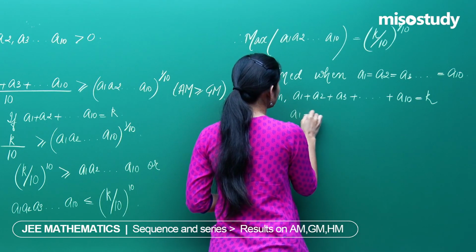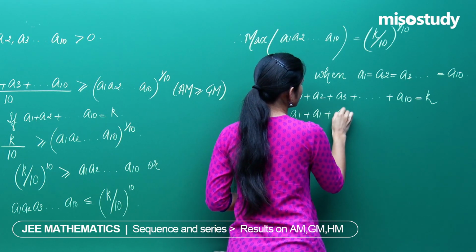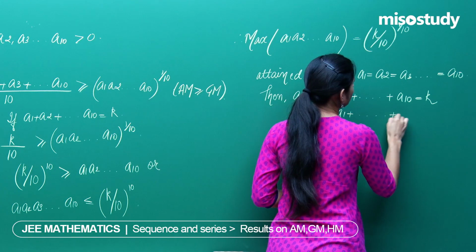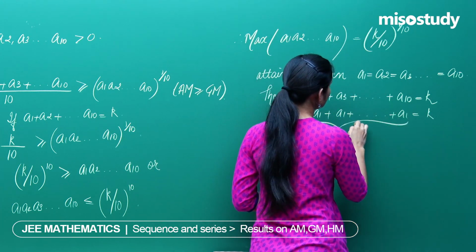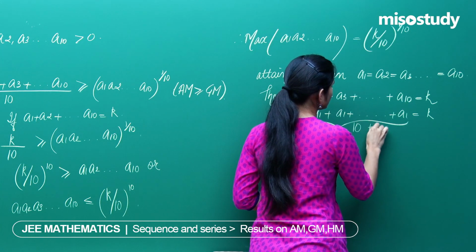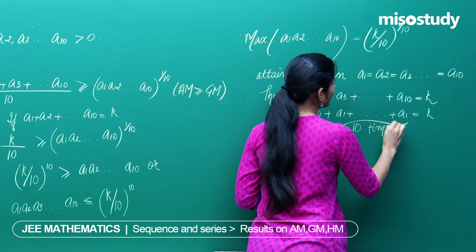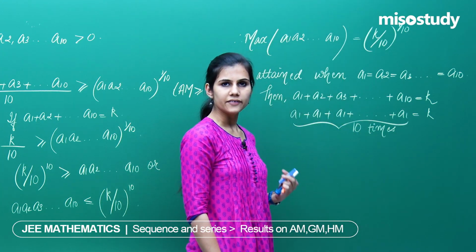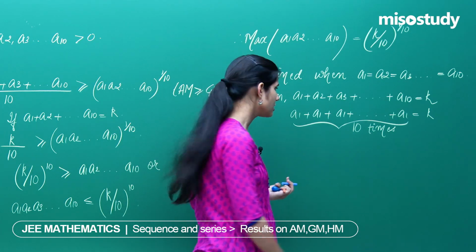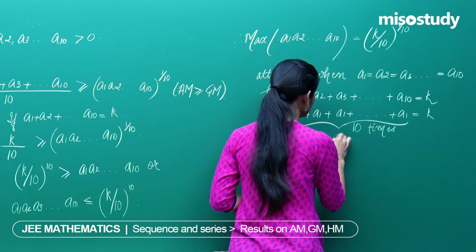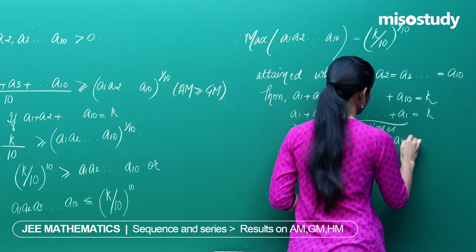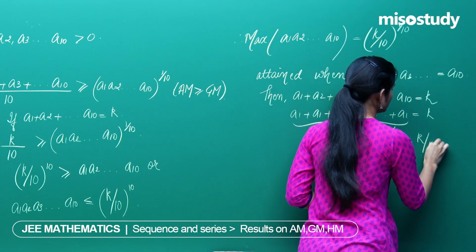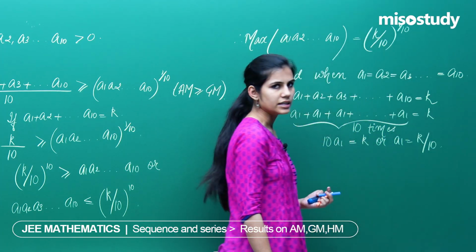So I get A1 plus A1 plus A1 plus A1 equals k, and A1 is being added to itself 10 times because there are 10 numbers. So this will be 10 times A1 equals k, or A1 is equal to k upon 10.